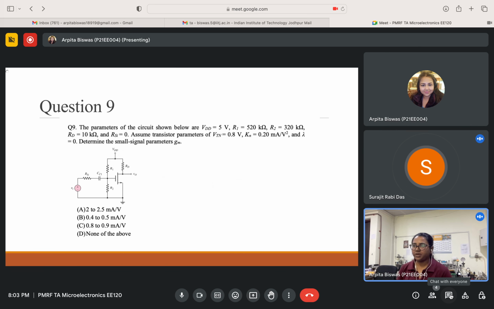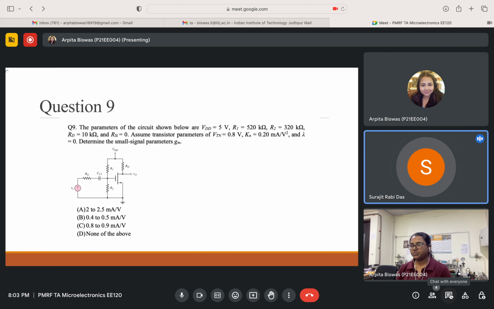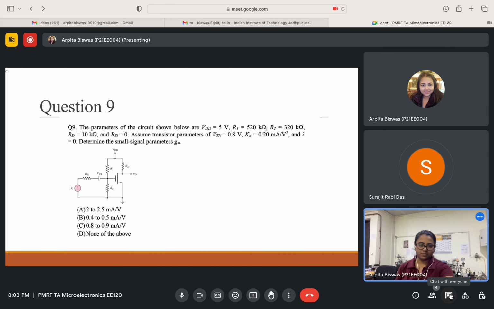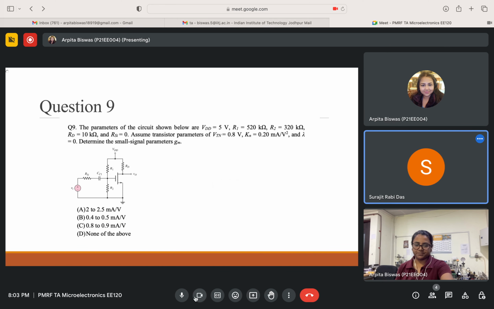Determine the small signal parameter gm. The first option is 2 to 2.5 milliampere per volt. The second option is 0.4 to 0.5 milliamps per volt. Third option is 0.8 to 0.9 milliamps per volt, and the last option is none of the above. So please try to find out the answer.